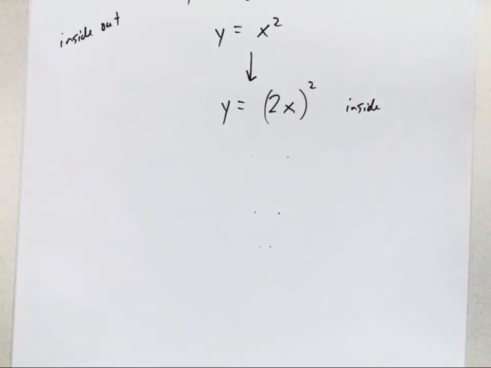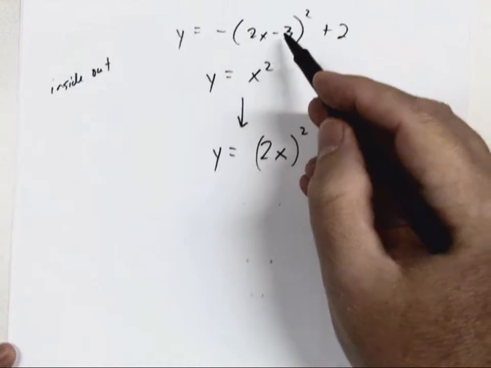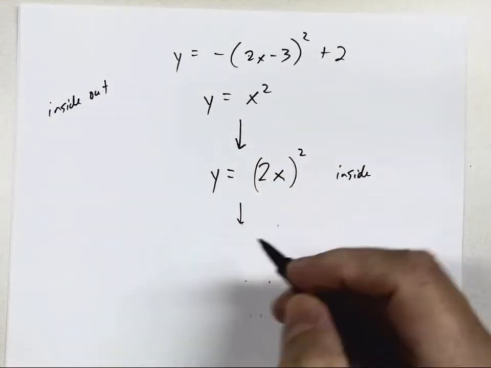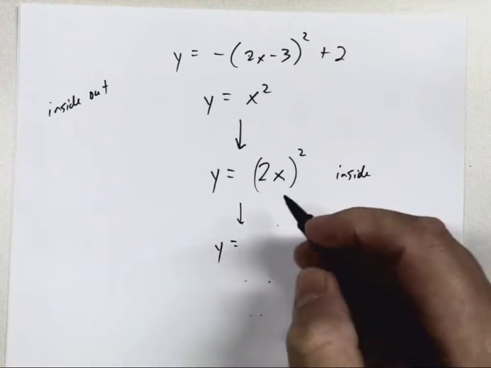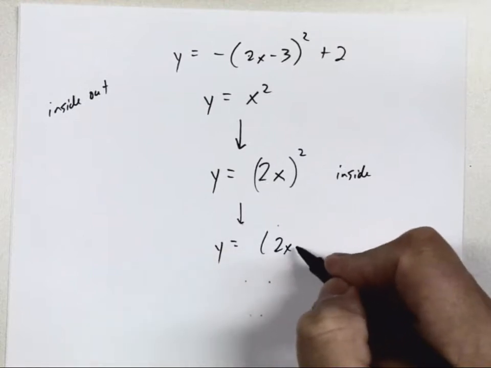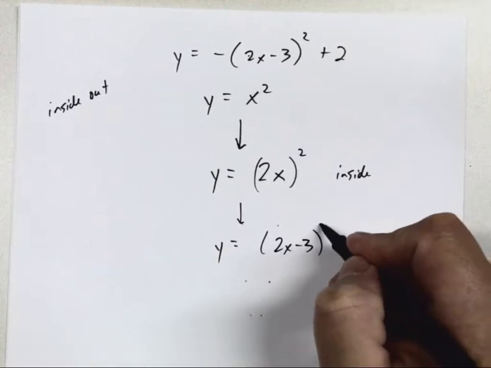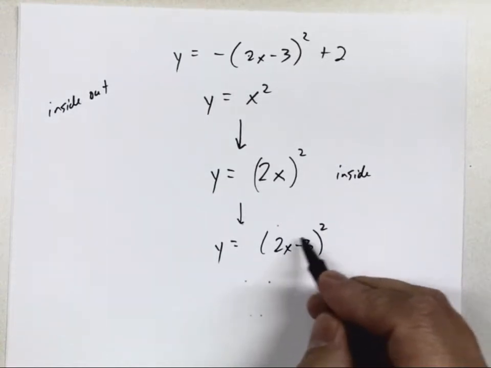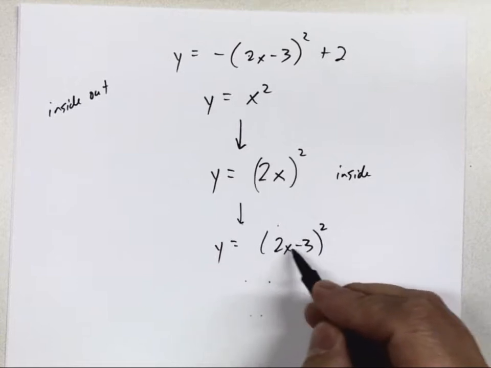Now, what I want to do next is, working from the inside out, I'm going to go ahead and subtract 3 from the 2x. Once again, when I subtracted this 3, it's like I'm inside the function because I'm inside this squared.